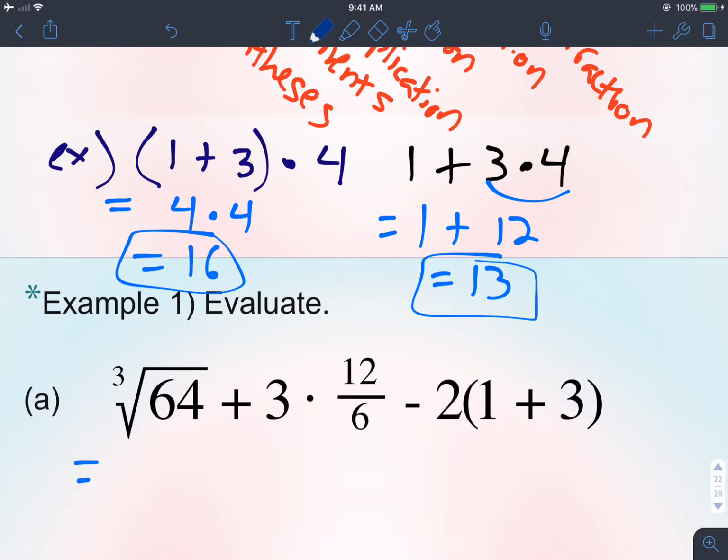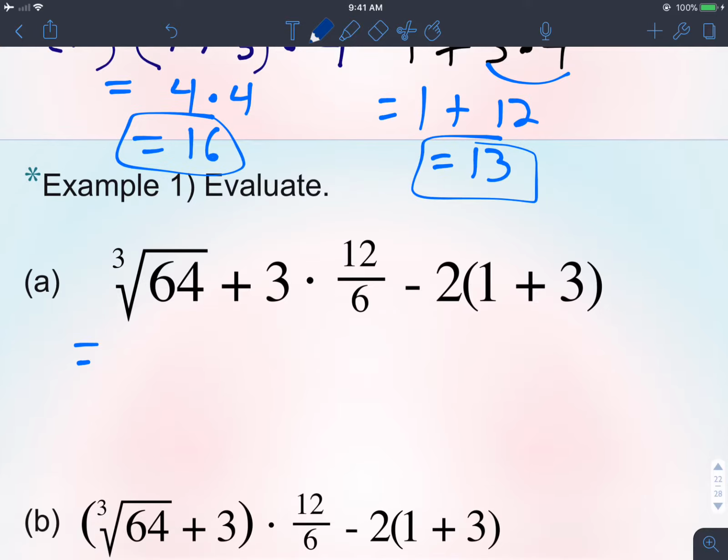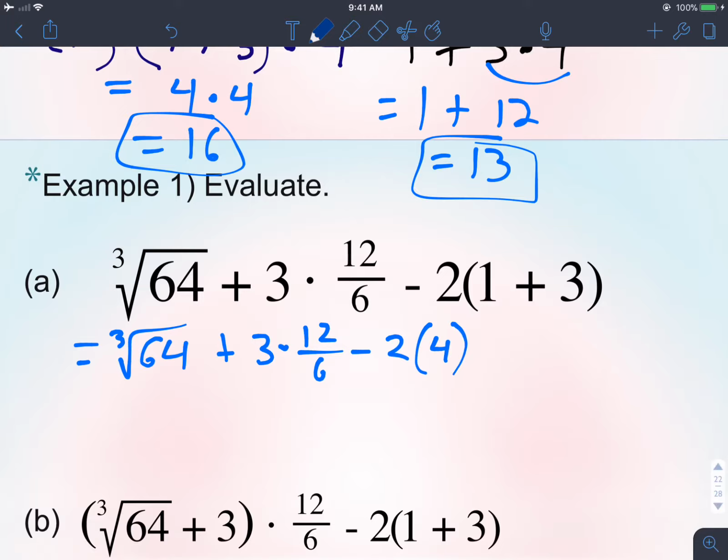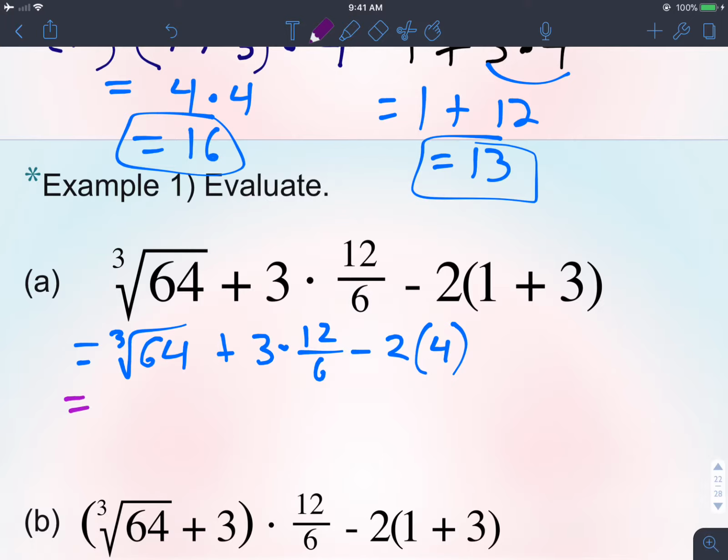What would you like to do first? Do you have any ideas? Okay, so you did 1 plus 3. I'll write every single line out. I'm going around.